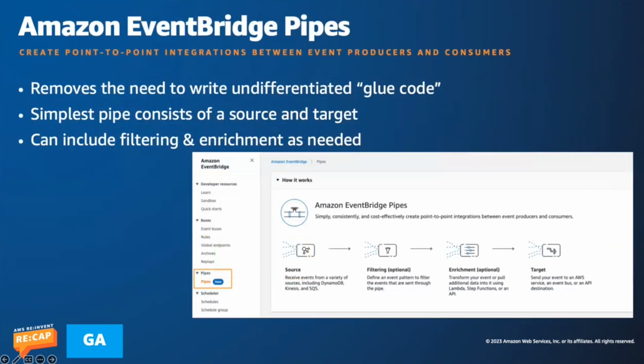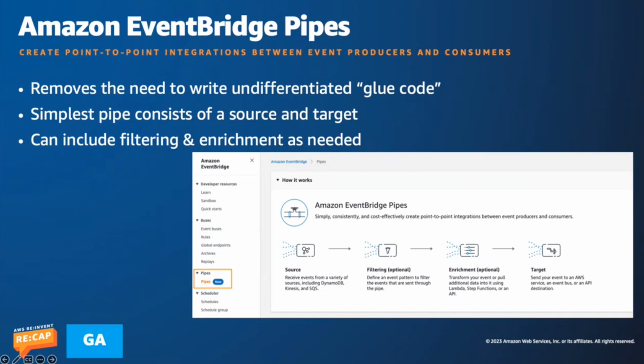A new functionality which we have introduced within Amazon EventBridge is EventBridge Pipes, which you can use to integrate AWS and self-managed services as event producers and event consumers into a single application.